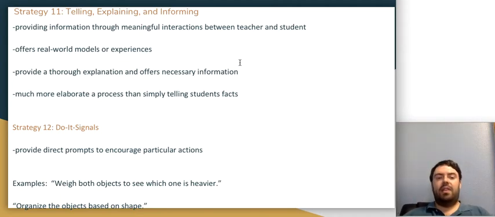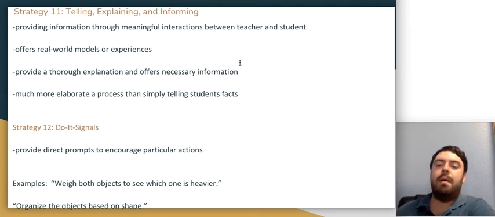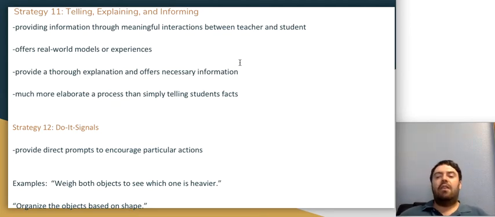So now let's talk about the 11th strategy. Strategy 11 involves telling, explaining, and informing. This is something you've probably naturally seen as a learner, and maybe in your other educational classes. Basically, this is finding a way to present the information in a meaningful way. Not just having students remember or recite facts, but having a meaningful interaction where students and the teacher are talking and discussing the content.